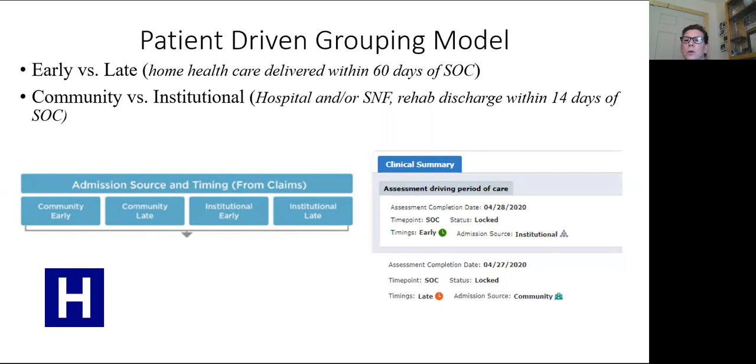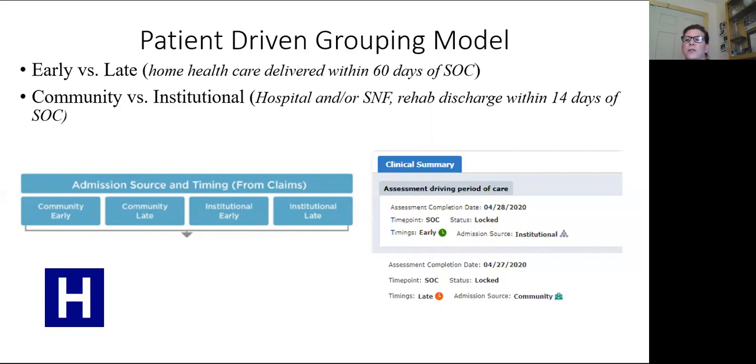Your admission source, institutional. If the patient enters a 30-day payment period where they've previously been discharged from an acute or post-acute care facility within 14 days prior to the start of care of this 30-day payment period, the admission source is considered institutional.